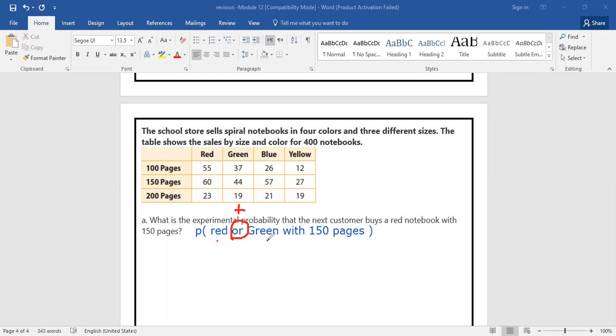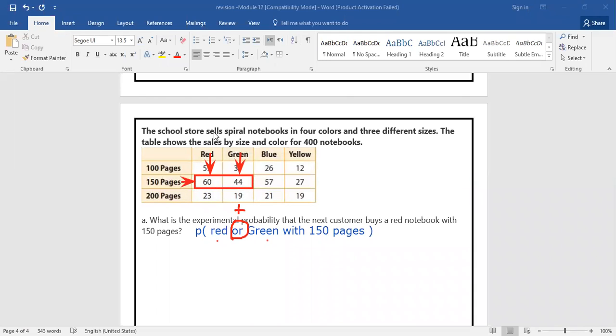Then we will go to 150 and search for the intersection cell with red and with green. But this time we will not take only one cell. We will use 2 cells, so we will add them together.